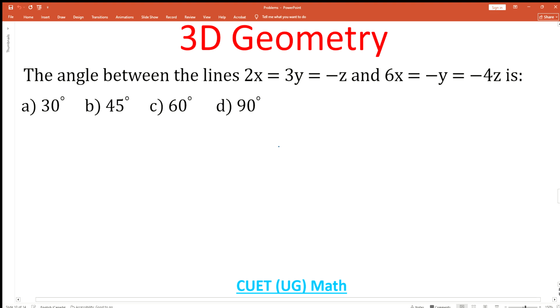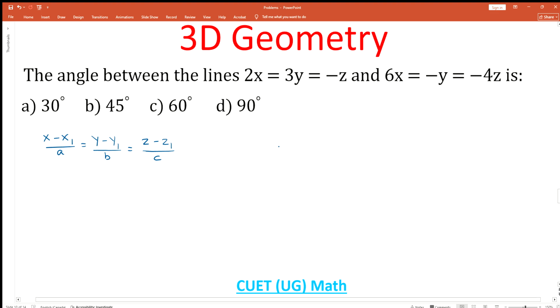The general equation of a 3D line in Cartesian form or symmetric form is x minus x1 over a equals y minus y1 over b equals z minus z1 over c. In this equation, a, b, and c are the direction ratios of the vector that's parallel to this line.